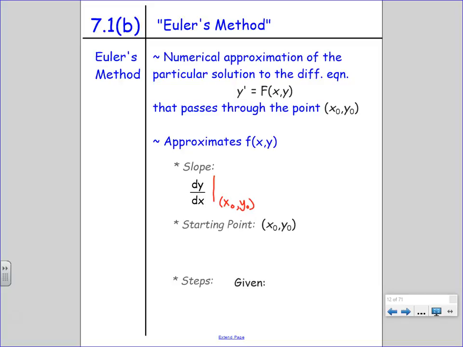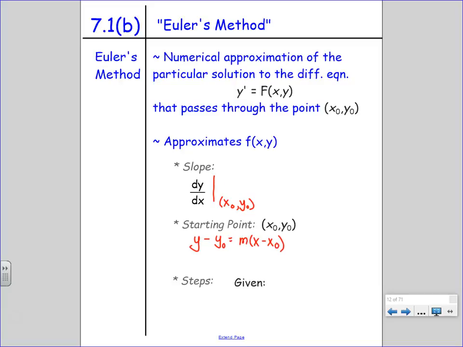So we're given an m and a point, and we could plug in y minus y sub naught equals m times x minus x sub naught, right?